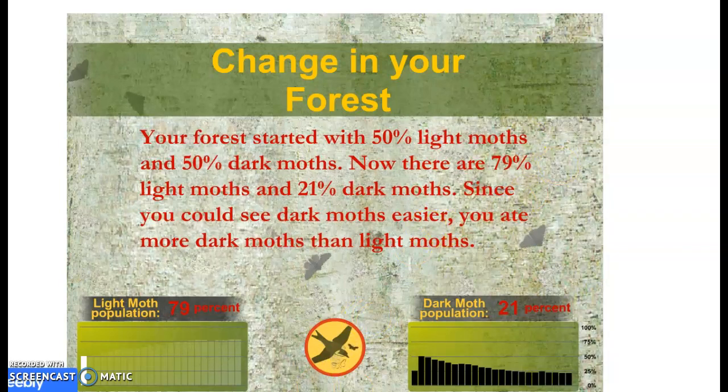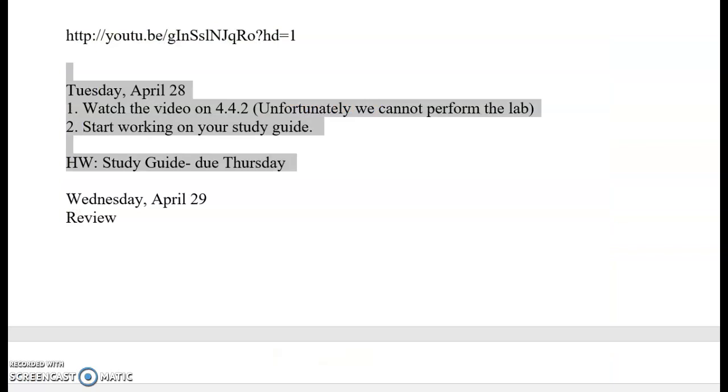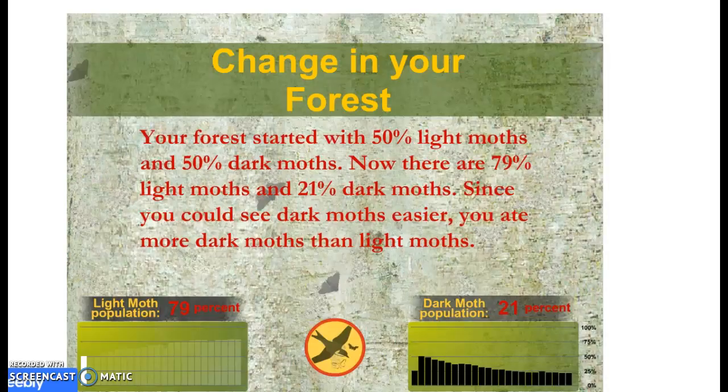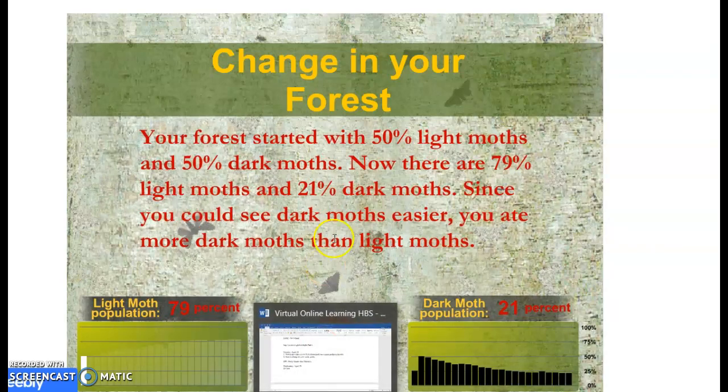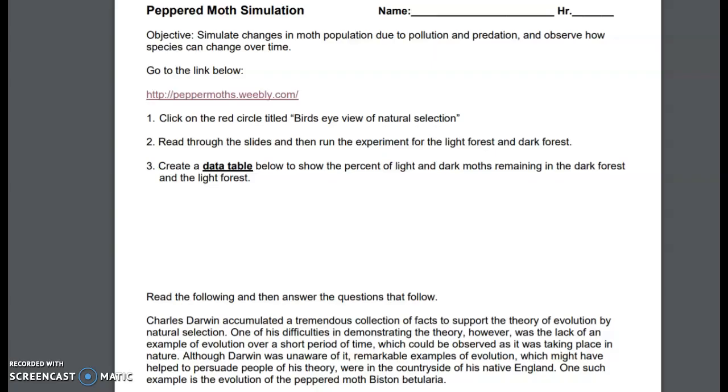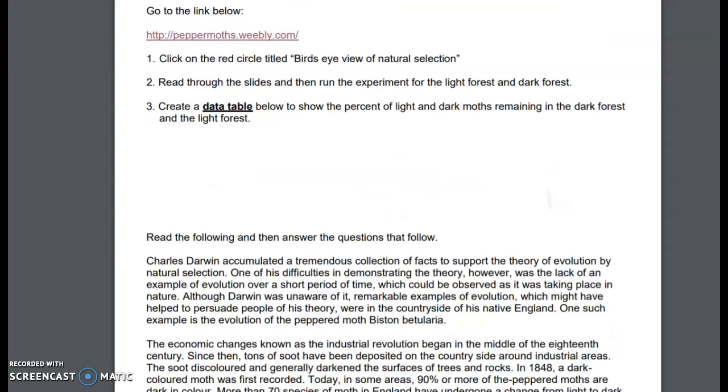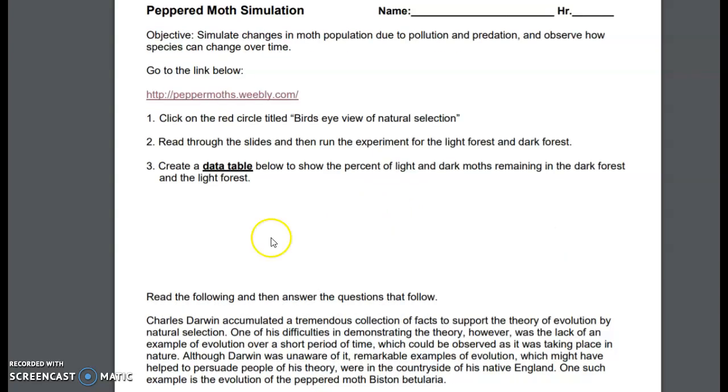So on your worksheet, pull that up. Okay, give me a second. Okay, look at your worksheet here. It says create a data table to show the percent of light and dark moths remaining in the dark forest. So it says one data table, but honestly, guys, I'd make two.